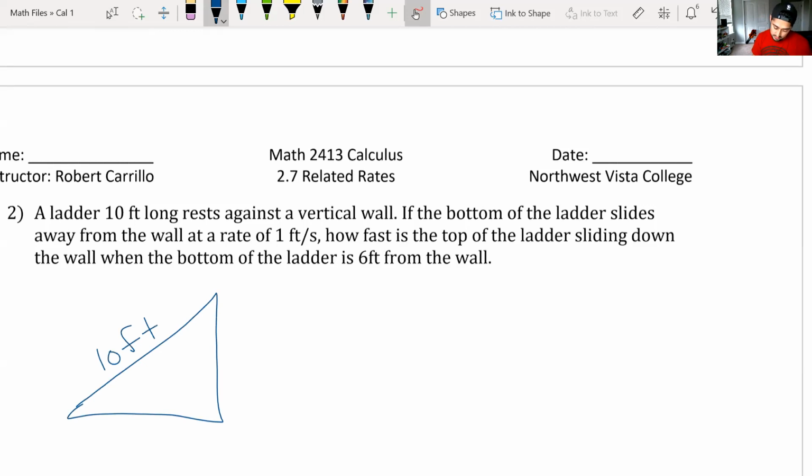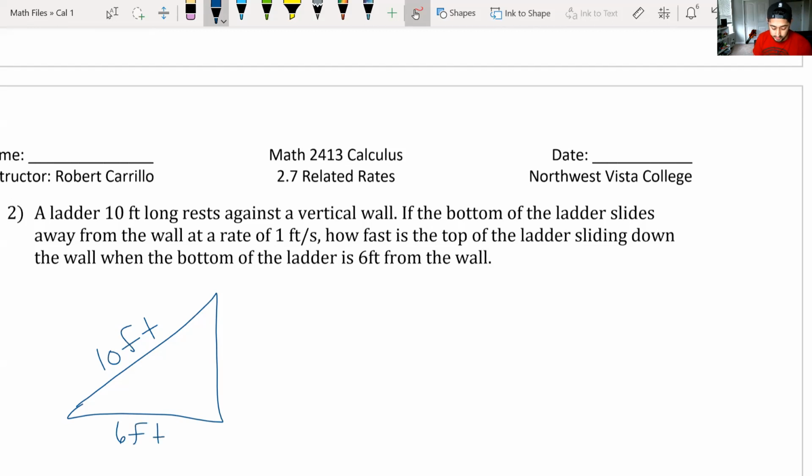And then the bottom of the ladder slides away from the wall at a rate of 1 foot per second. When the bottom of the ladder is 6 feet from the wall, so here, this is 6 feet. Great. Now I would say complete your triangle just to get enough information.